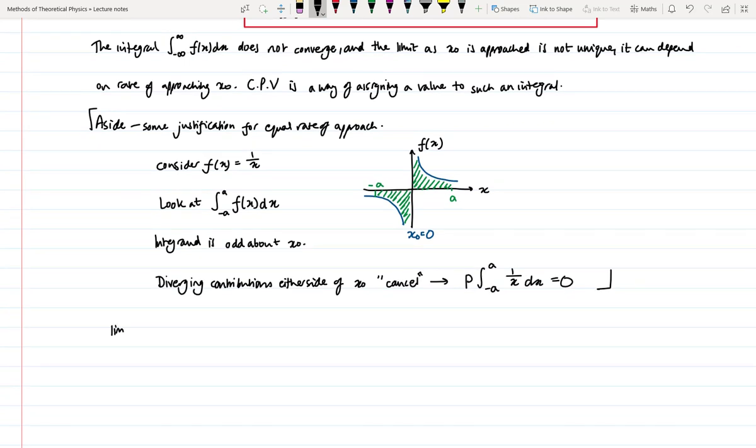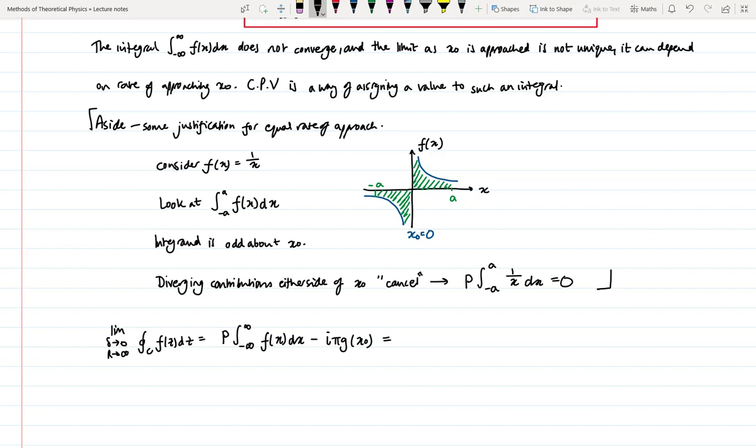We now have that the limit as delta tends to 0 and r tends to infinity of this guy is the principal value of the real integral that would normally diverge minus I pi times g of x naught.